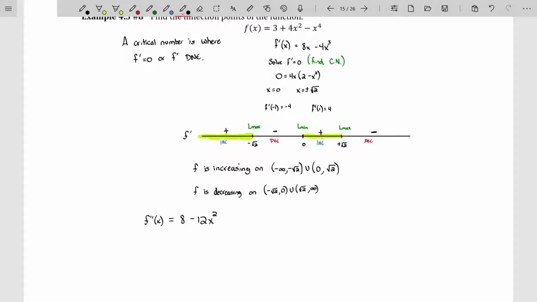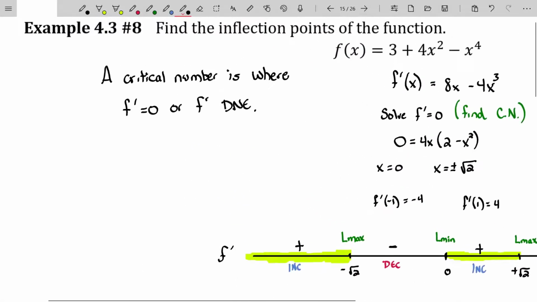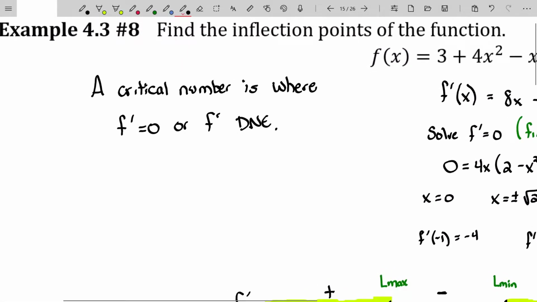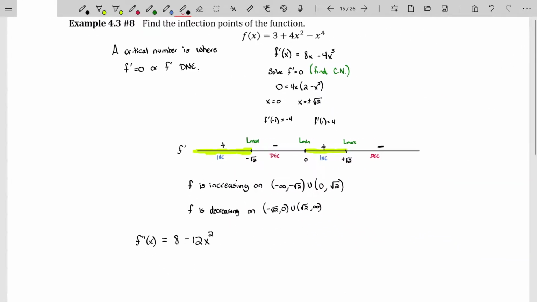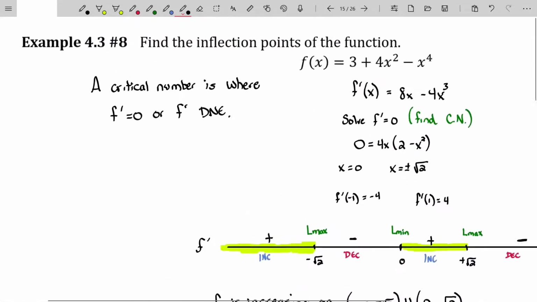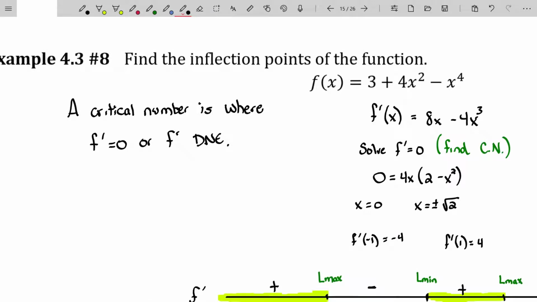And how I'm going to do that is by setting the second derivative equal to 0. Basically, I'm going to do what I did for the first derivative. Now, a little bit of a note here. I will often say, look for the critical numbers for f prime. The reason is that the critical numbers of a function f are where the derivative of that function is 0 or does not exist.